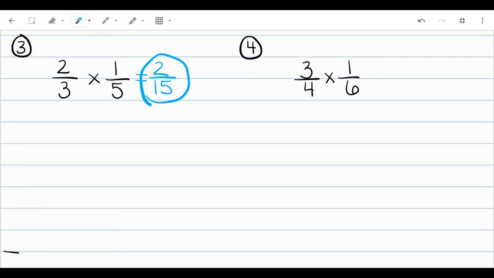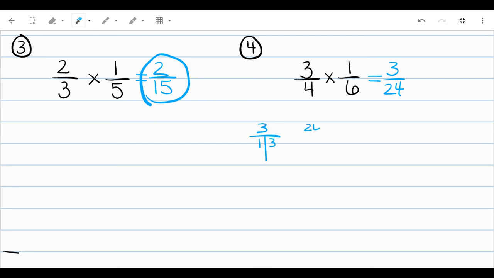Pretty easy. Now the next one, 3/4 times 1/6. Let's multiply our numerators on top. 3 times 1 is 3. And then our denominators on the bottom, 4 times 6, which equals 24. Now, my factors of 3 would be 1 and 3.